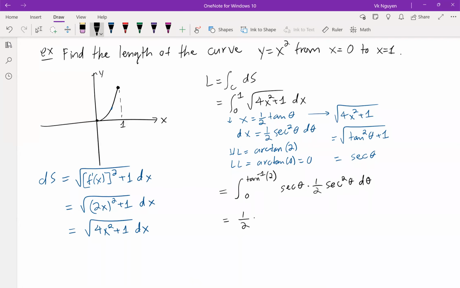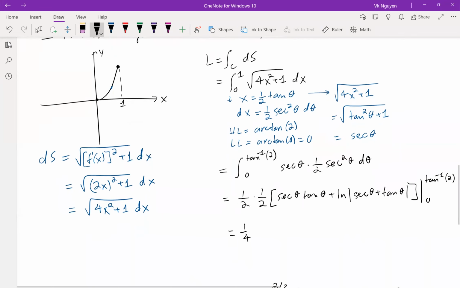So this would be a 1/2 secant theta tangent theta plus ln absolute value of secant theta plus tangent theta, evaluated from 0 to arctangent of 2. Right? 1/4 secant of arctangent 2.